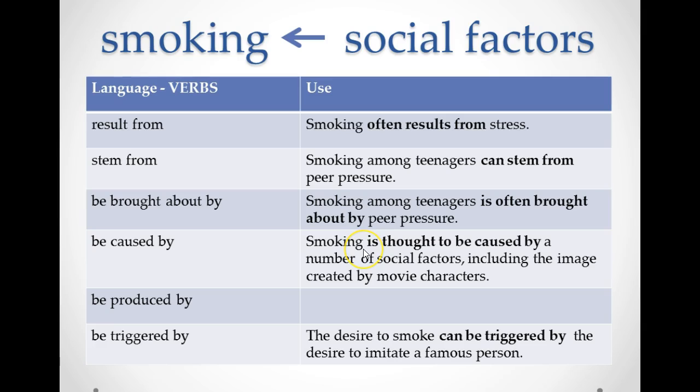So it's better to say smoking can be caused by, or smoking often is caused by, or smoking, like this one, is thought to be caused by. And the last one, the desire to smoke can be triggered by the desire to imitate a famous person. Now, did you notice I didn't use the word produce or be produced by because the meaning isn't suitable for this topic.